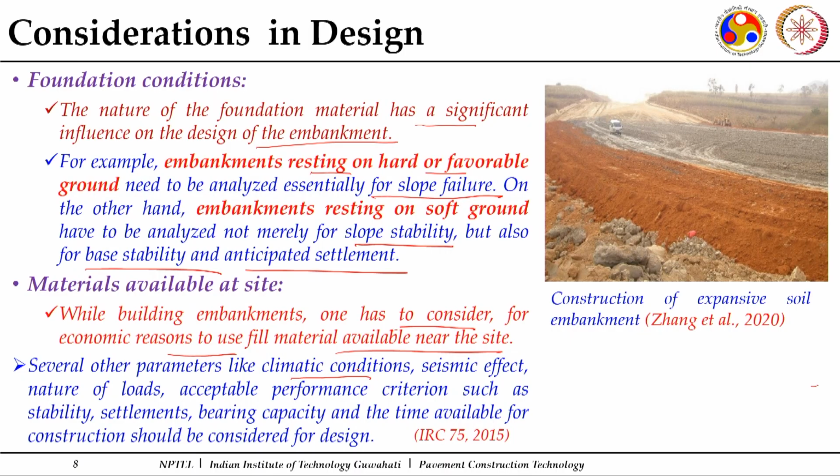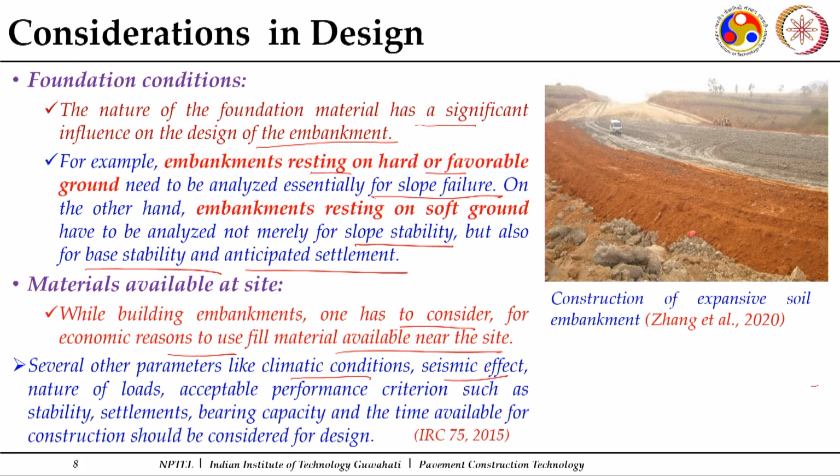So in that case, we have to go for stabilization or other techniques, such as the use of geosynthetics. These kinds of applications have to be introduced so as to strengthen your embankment or to get the desired strength. Several parameters come into the picture under this consideration.